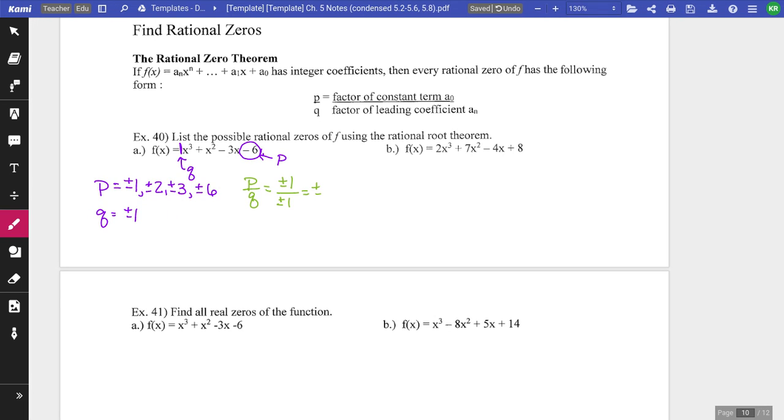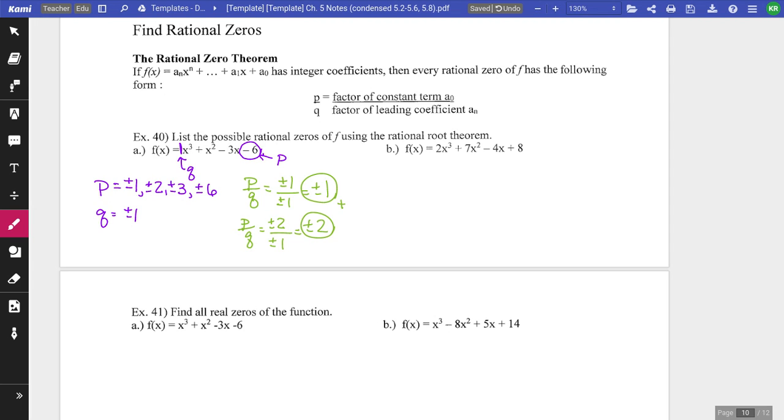That just gives us plus or minus 1. Then I'm going to do my next P, which is 2, and divide it by my Q, which is 1. Then I'm going to do the same thing for 3, same thing for 6.